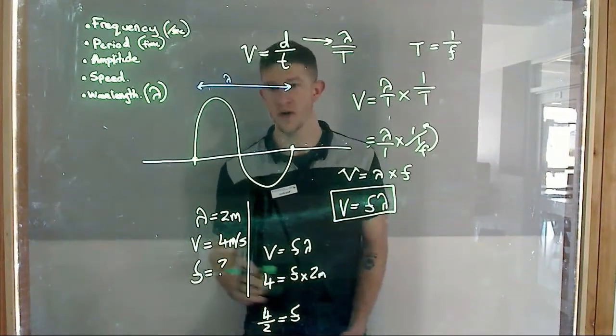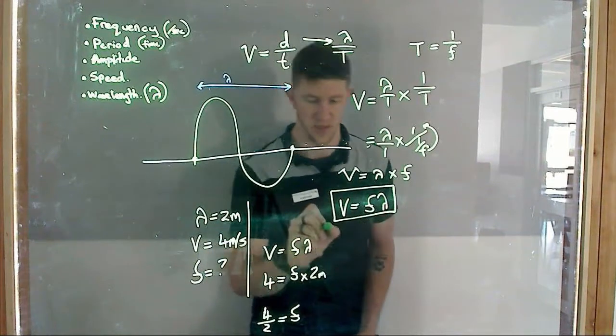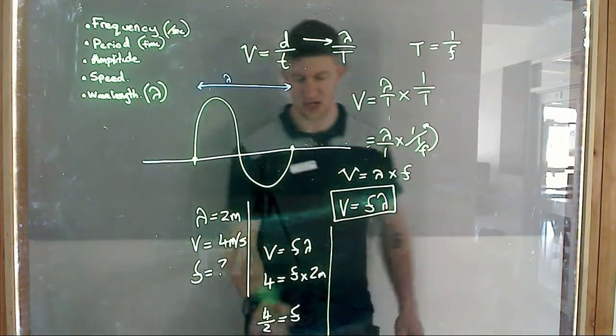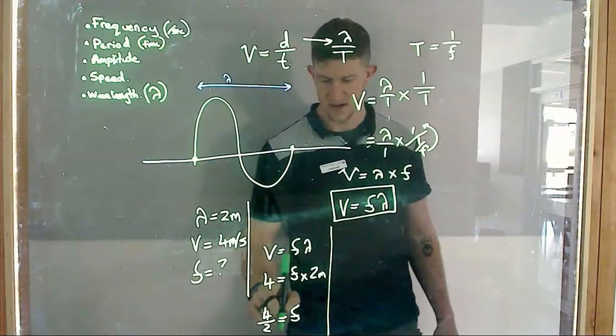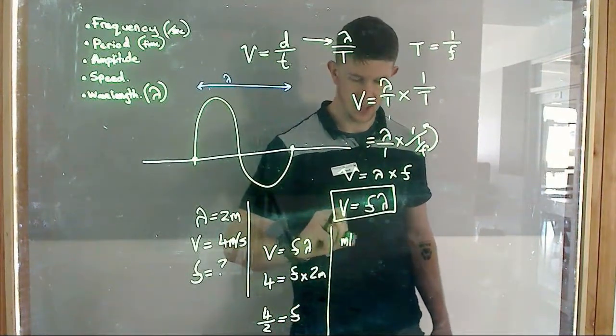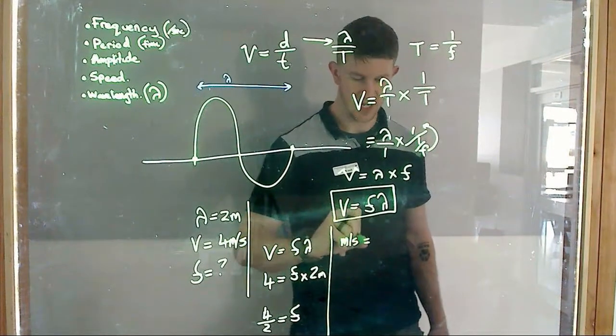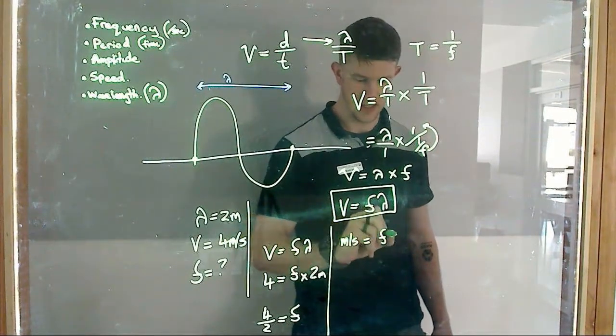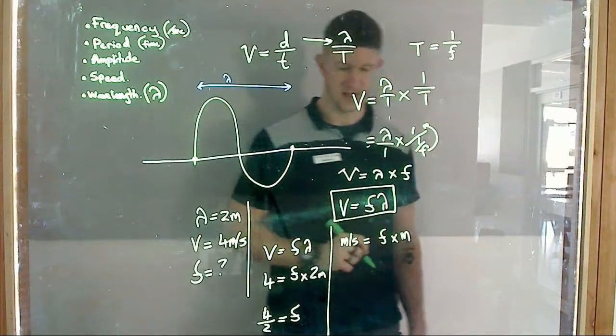Important to note here, and we know that the units are hertz, but they're also per second, and you can see this here. I had 4 divided by 2, but what was velocity was meters per second. So if I look at the units, it's meters per second equals frequency times meters.